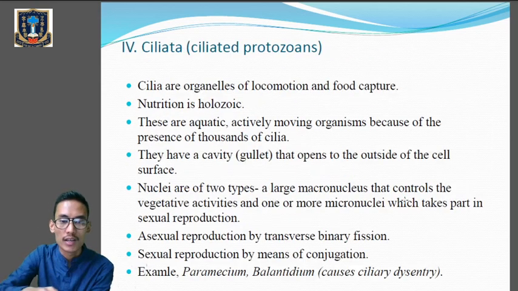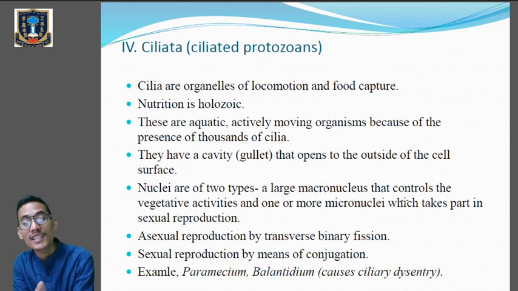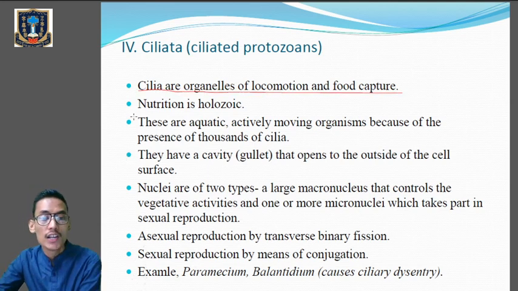Next one, Ciliata, which bears cilia, like zooflagellates which bear flagella for locomotion. Ciliata bear cilia for locomotion. So cilia are the organelles of locomotion and food capture. Nutrition is holozoic. They are aquatic, actively moving organisms because of the presence of thousands of cilia.